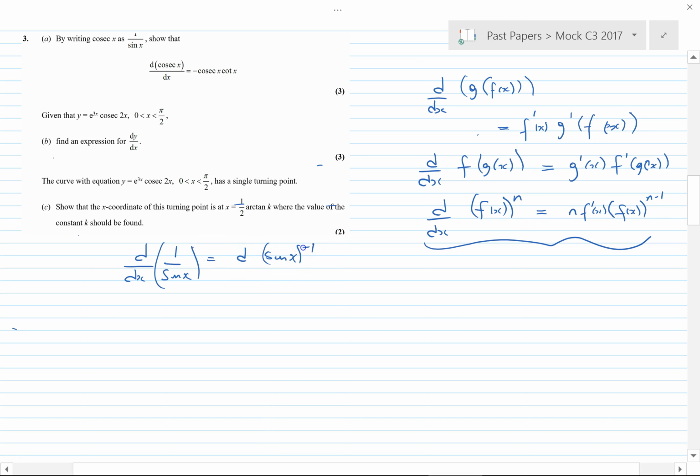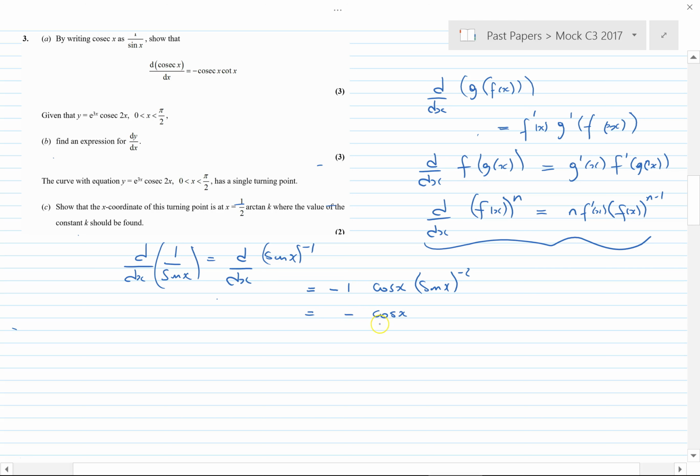Let's write it like this to avoid any confusion with the arc sine. And then we're going to have minus 1 sine x to the minus 2, but then we need to differentiate that sine x in front. So we have that. Now that equals minus cos x.